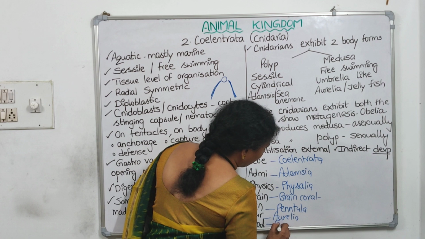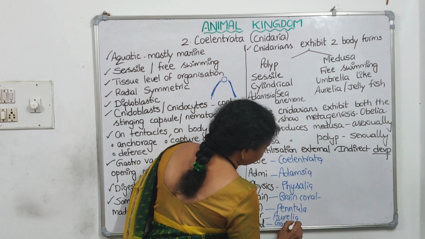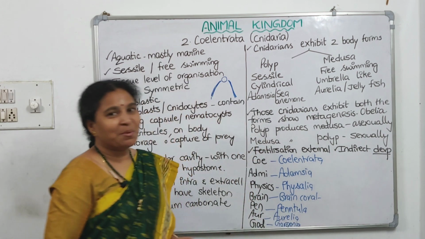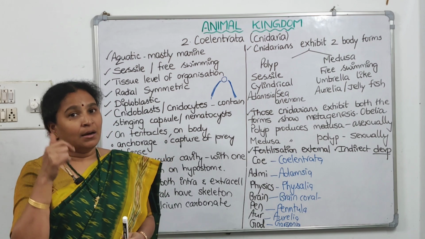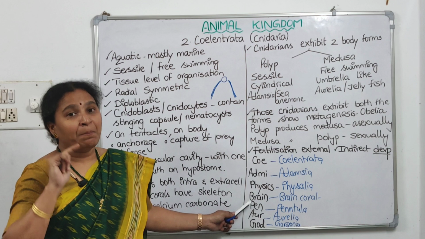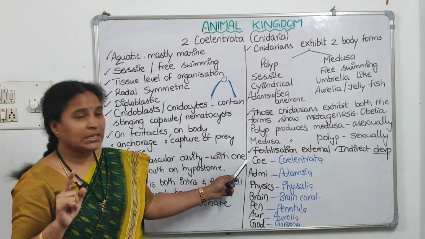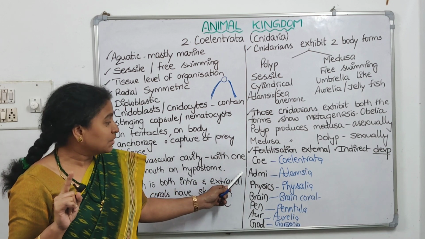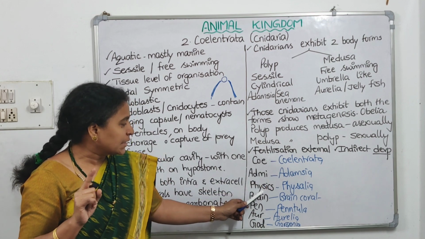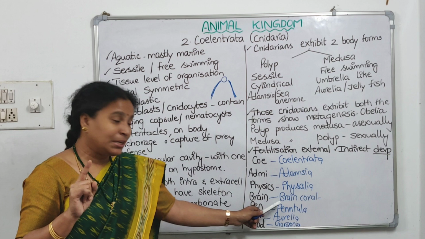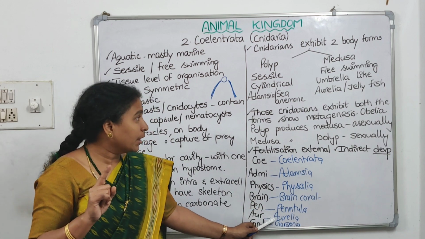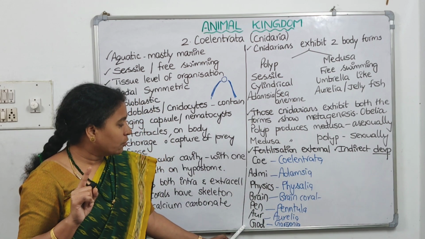God stands for Gorgonia. We made a simple sentence to memorize the examples of coelenterates. कोई means coelenterata, आदमी means Adamsia, physics means Physalia, brain means brain coral, pen means peninsula, aur means Aurelia which is jellyfish, and God means Gorgonia.